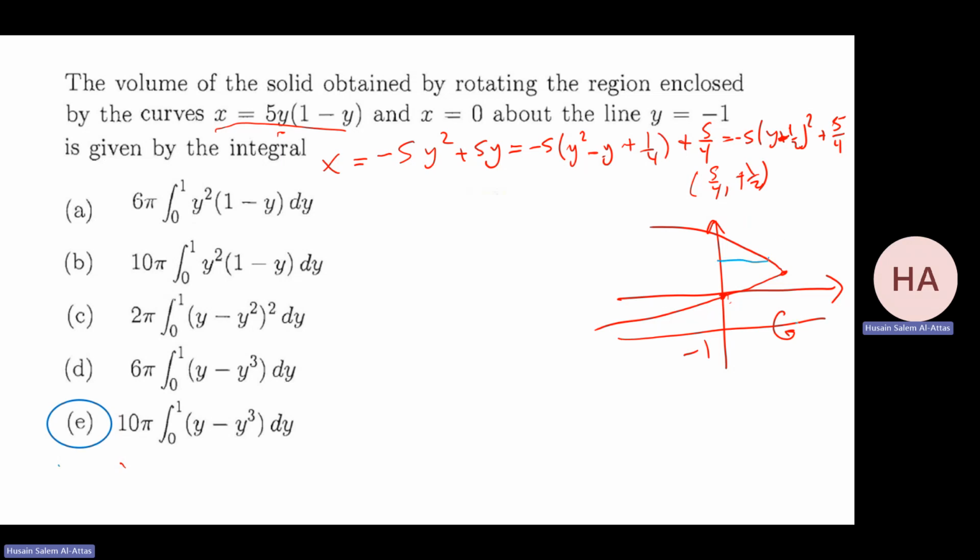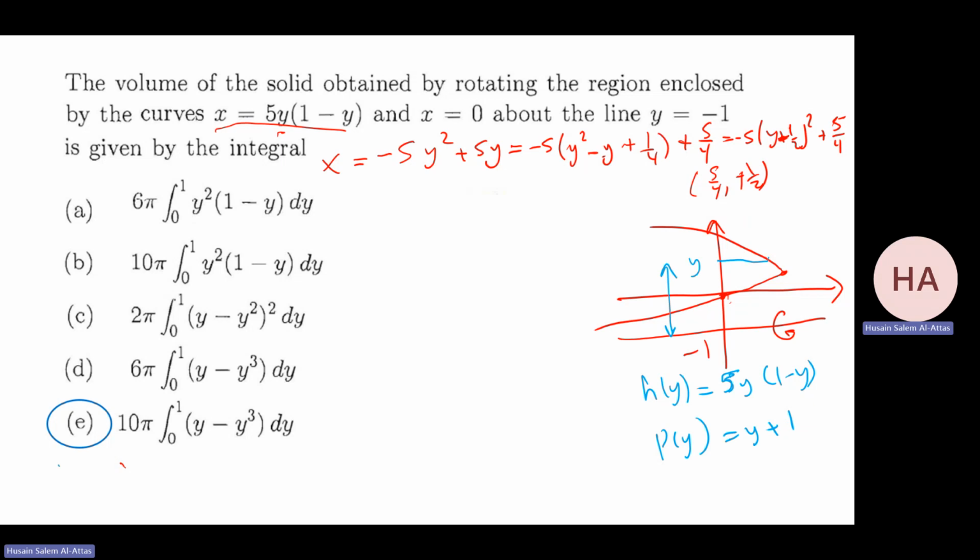This will be my line, parallel to the axis of revolution. So h of y will be the function minus 0, which is 5y times 1 minus y. b of y, if this is y, you want this distance, which is y plus 1.